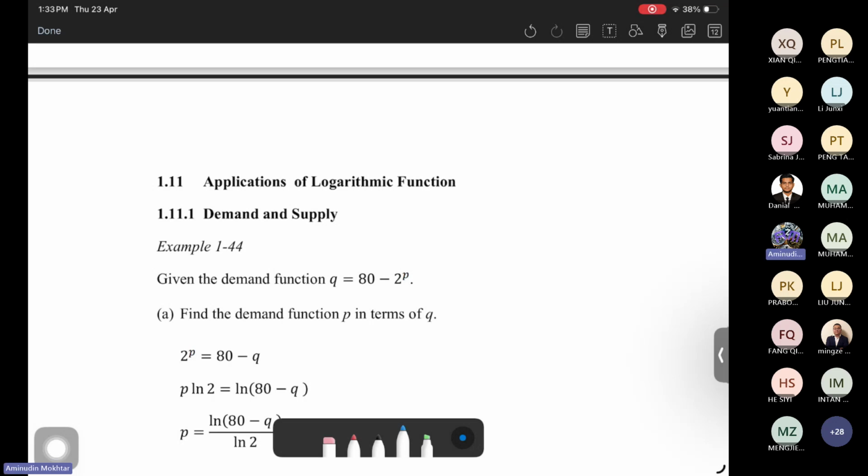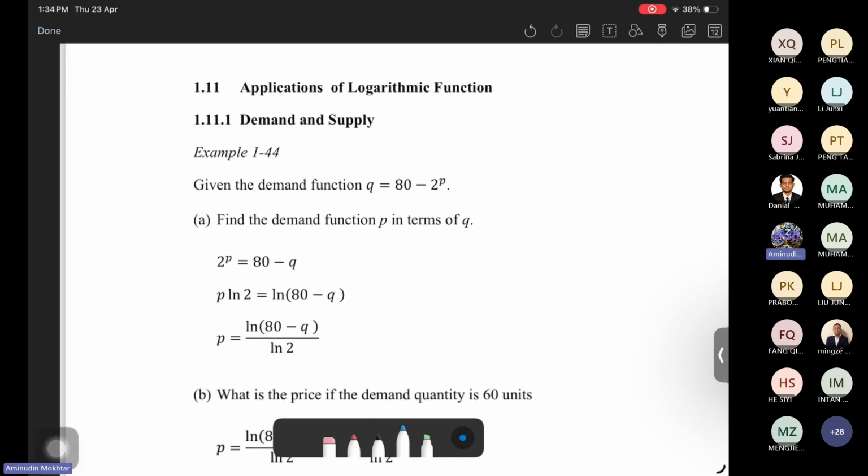The last thing about this topic is the application. Of course, we need to apply this concept based on the previous topics. I explained the application of linear, the application of quadratic, and today I also showed the application of the exponent. Now I will show you the application of log in terms of demand and supply.